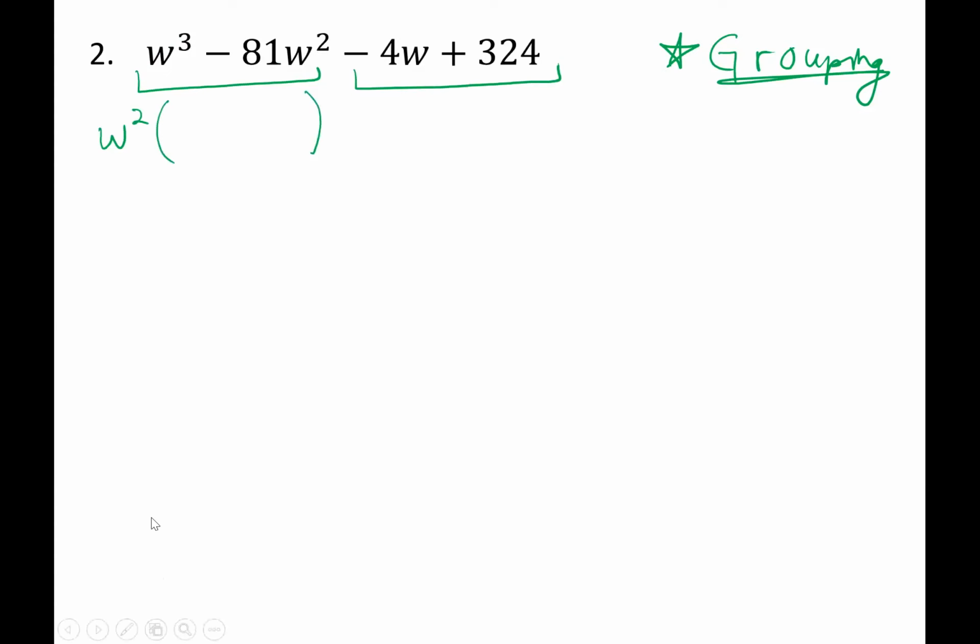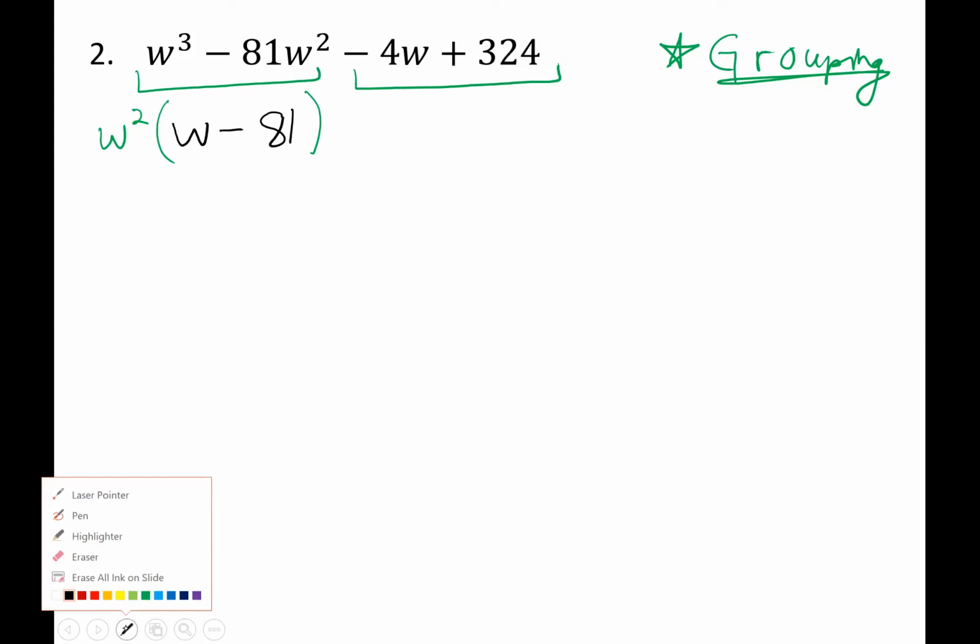And then what we're left with is just going to be w minus 81. Now let's move on to the second group, our last 2 terms, minus 4w plus 324. Okay, 324 is obviously a big number. Let's check and see if 4 goes into it, and it does.